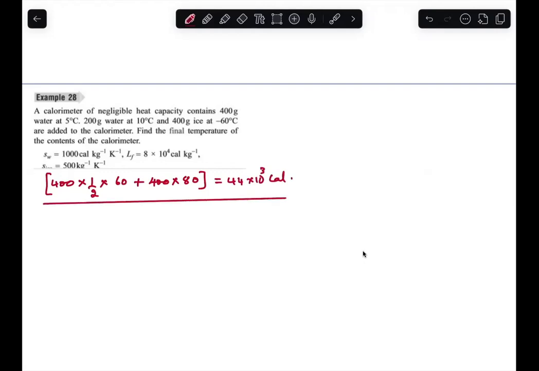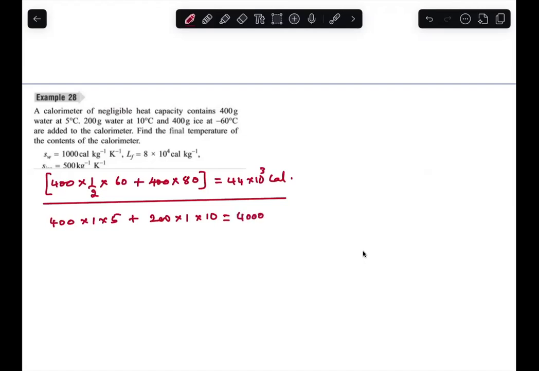Now the losing part. 400 into 5 into 1, already you know, don't get confused, plus 200 into 1 into 10. This is the losing side. So hardly that is 4,000 odd.